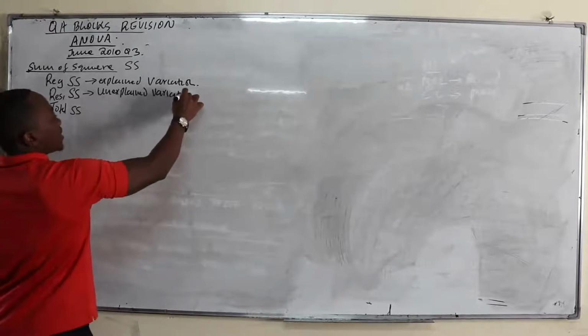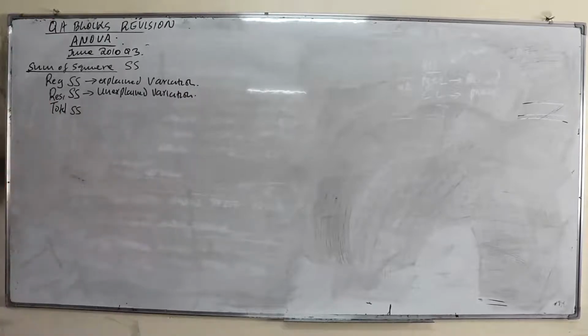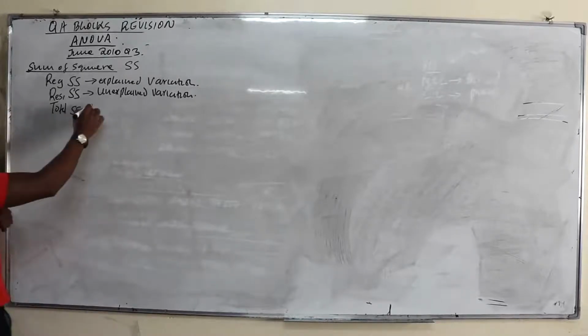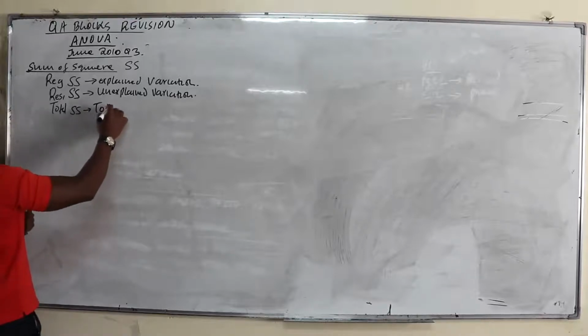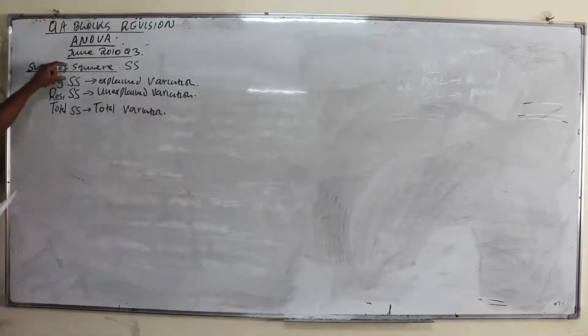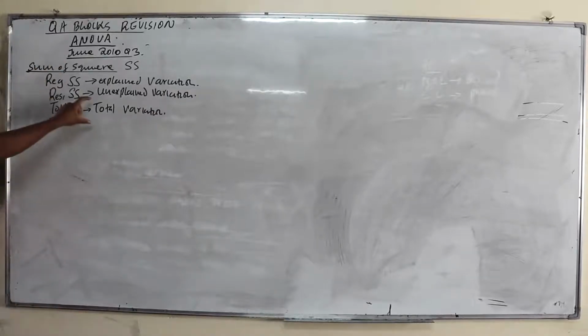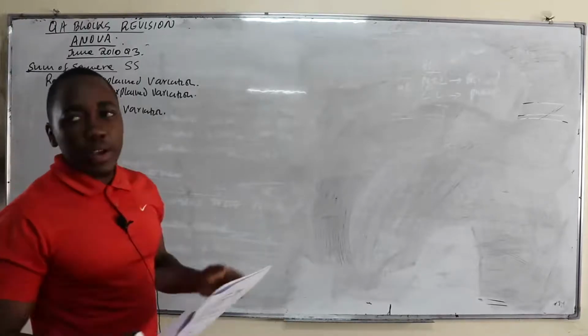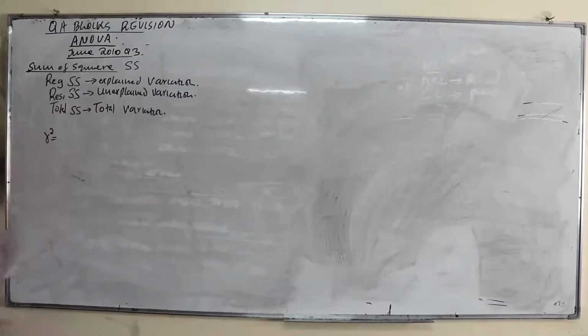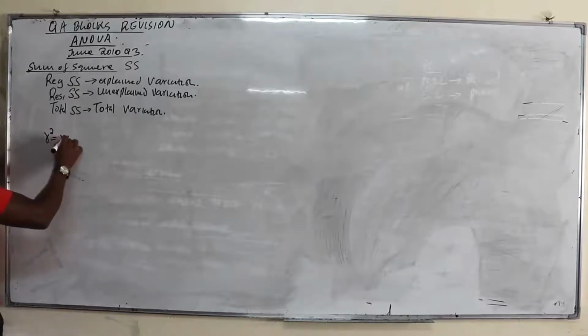You don't have to write this; it's already explained on the first page I gave. Then the total sum of squares is the total variation, which you get by adding the regression and residual sum of squares. Are you together? If I may take you back, how do we get the coefficient of determination? How do we get R squared? R times R, right?